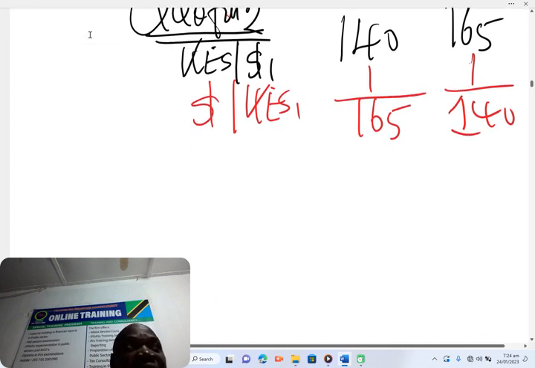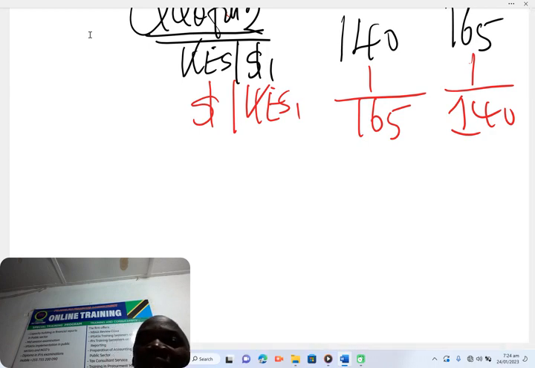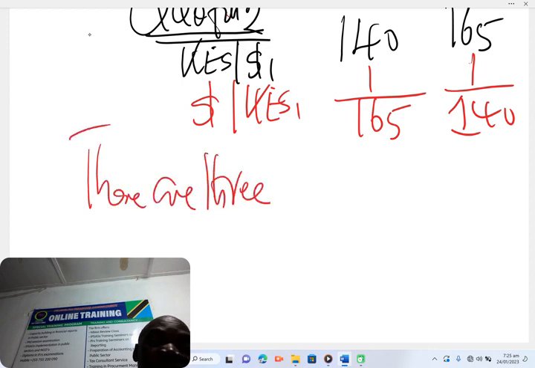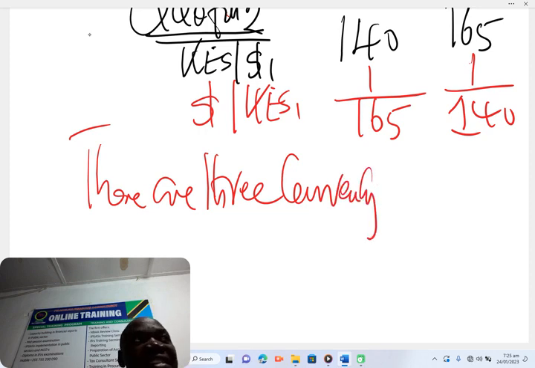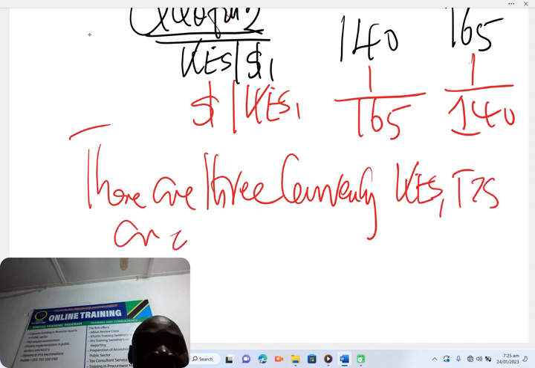Now, what's the common currency? So we can now say there are 3 currencies, which are Kenyan, Tanzanian, and the dollar.